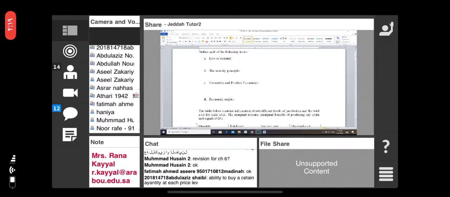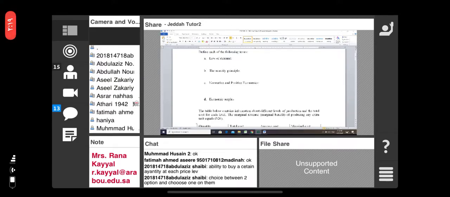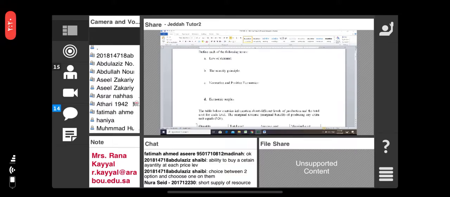What do you mean by scarcity? Choice between two options, choose one of them.